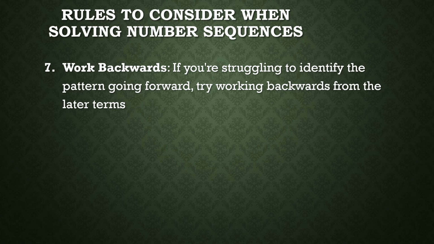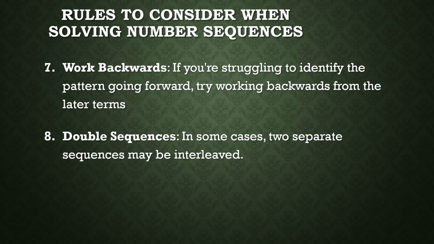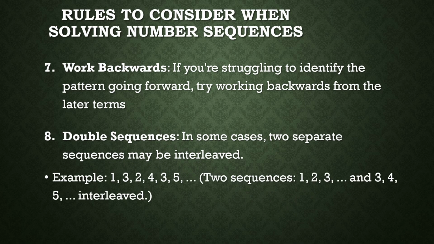If none of these criteria are matching the number sequence, we can also check if we can find any pattern by going in a backward direction. That will give us some sort of clue. There is also a possibility of a double sequence, so in this particular case there could be multiple sequences.